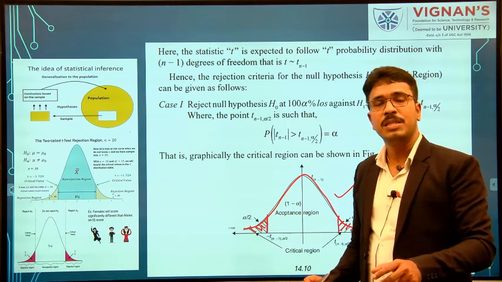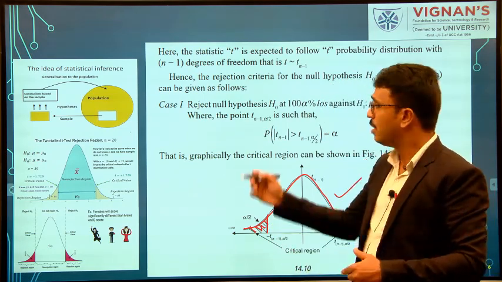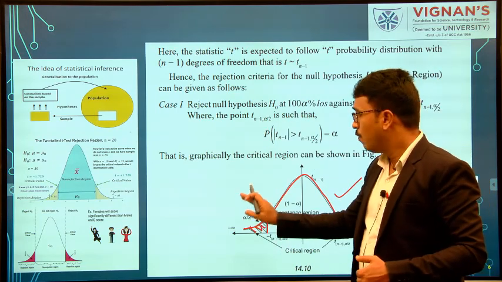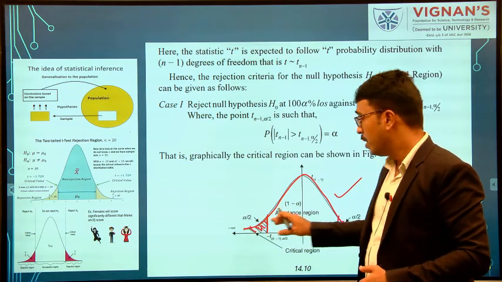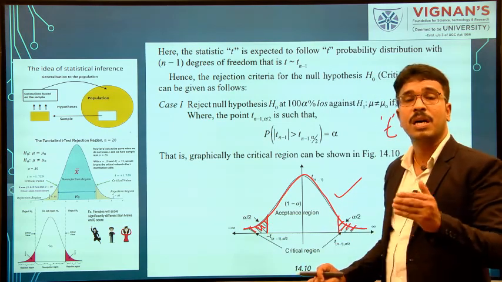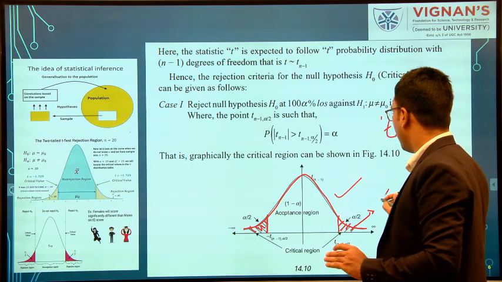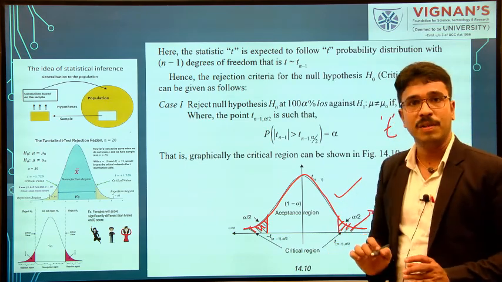If the statistic, which here is nothing but the t, falls under this region, then we are going to reject our null hypothesis. So, this region we are generally representing with alpha.